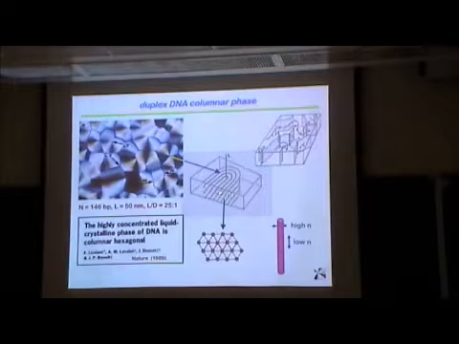It can bend around as we've drawn here. In the polarized light microscope, you get these brushes and these curvy domains, and you can see that you have this sort of structure.